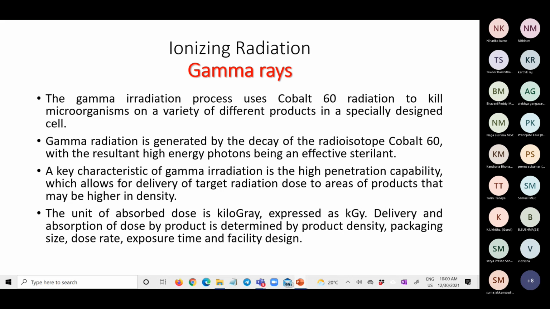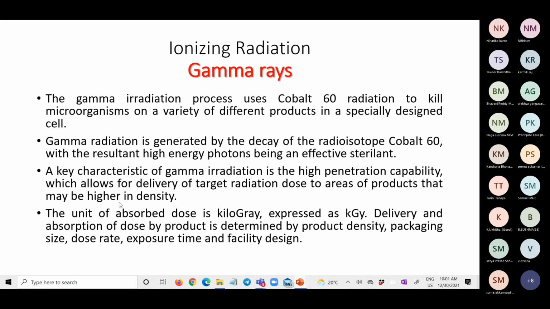So again, cobalt-60, a radioisotope, is used for this radiation process. The decay of cobalt-60 will produce high energy photons, and these high energy photons will be used for the sterilization process. You can say they are the effective sterilant.